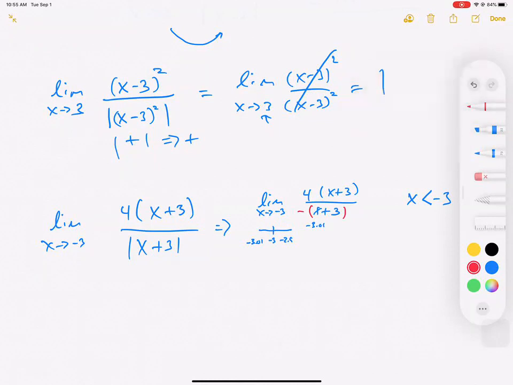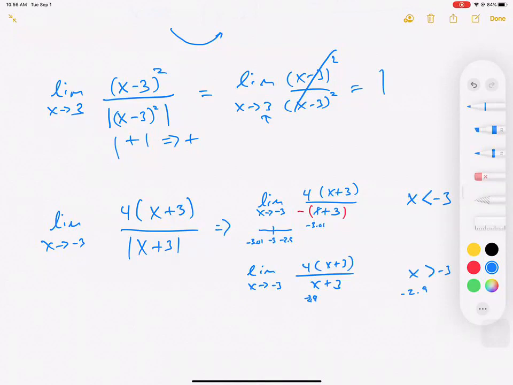Let's look at the other side. The limit as x approaches negative 3 of 4 times (x plus 3) over x plus 3. If x was greater than negative 3, that's like negative 2.9, would we need an absolute value sign? Negative 2.9 plus 3 is positive, so no, we wouldn't.